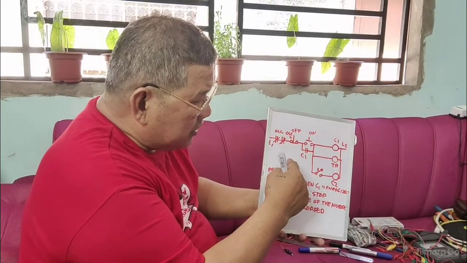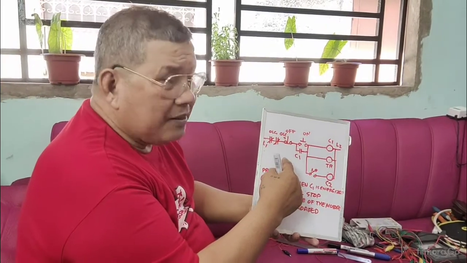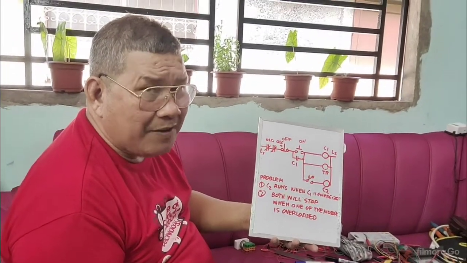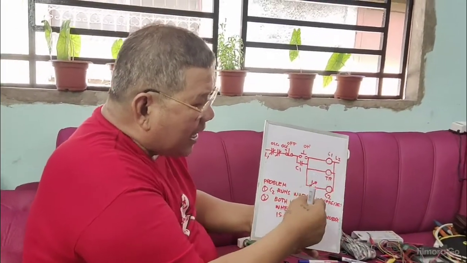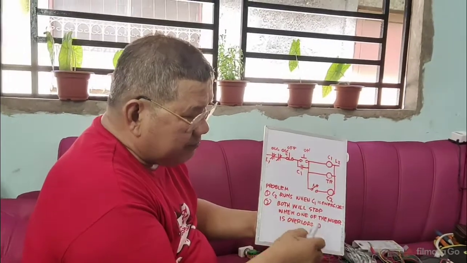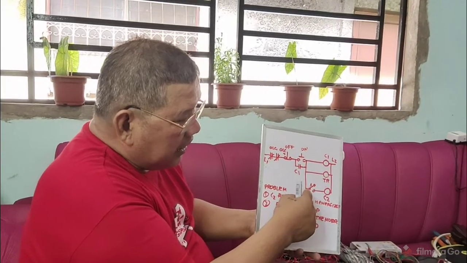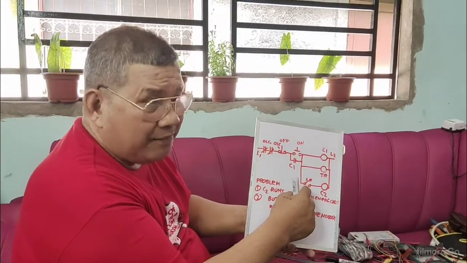So, since the preset time here is 5 minutes, we need to wait 5 minutes. So I turn on conveyor number 1. Conveyor number 1 is running. After 5 minutes, remember, after 5 minutes, the timing contact will transfer to normally open.